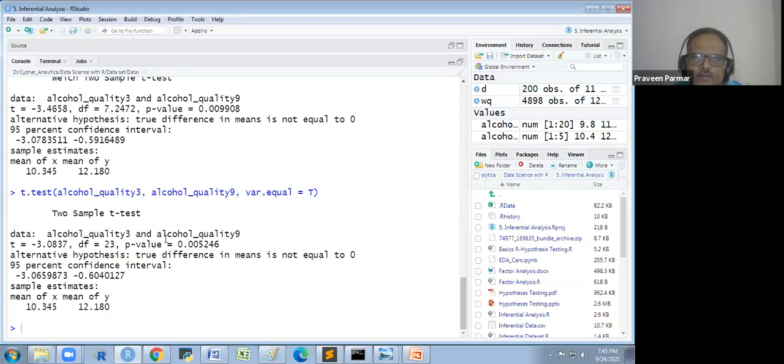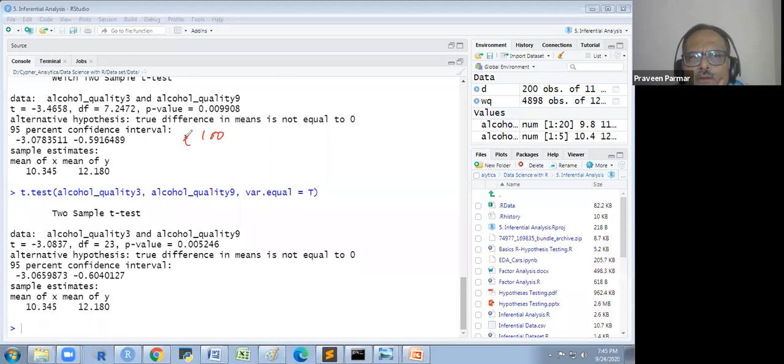So the degree of freedom concept, Brijendra, you are asking. I will give you one very simple example about it. Degree of freedom: suppose you have 100 rupees, and you have to distribute it among 5 persons.